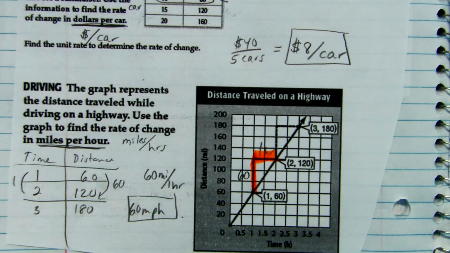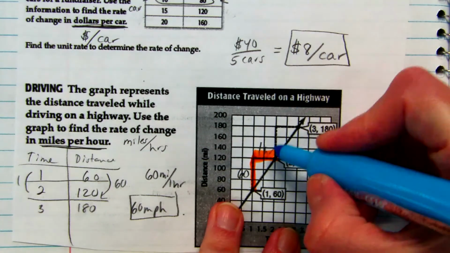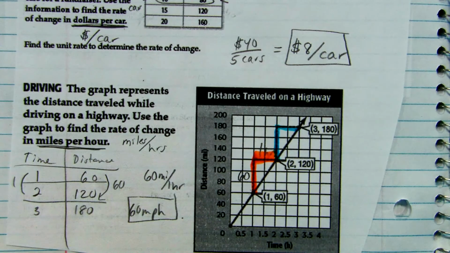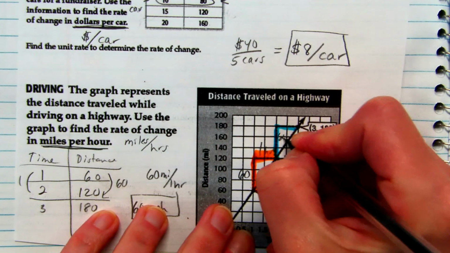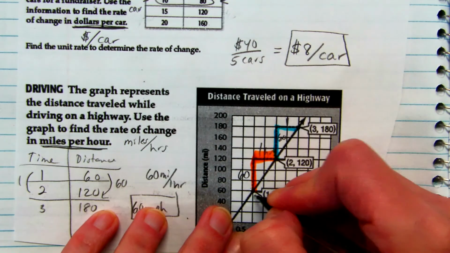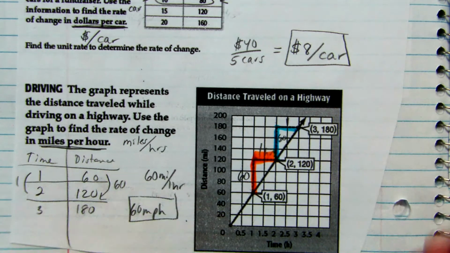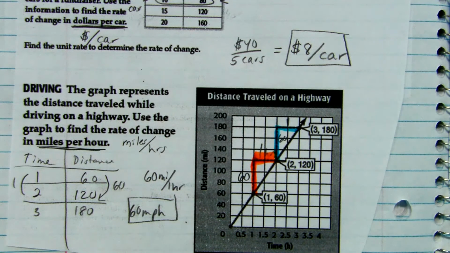And then if I come up and do a different interval from here to here, I'm still going to see going up 60 and over 1, 60 miles in an hour. And I could keep doing that. I could also do something crazy, which I'll show you.